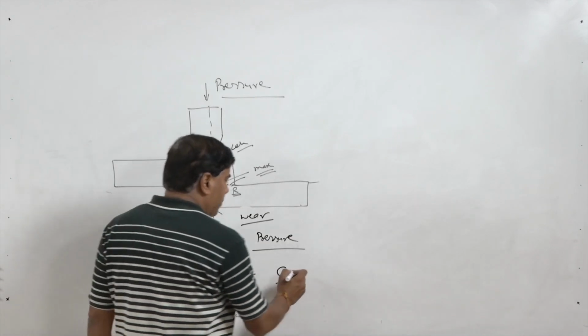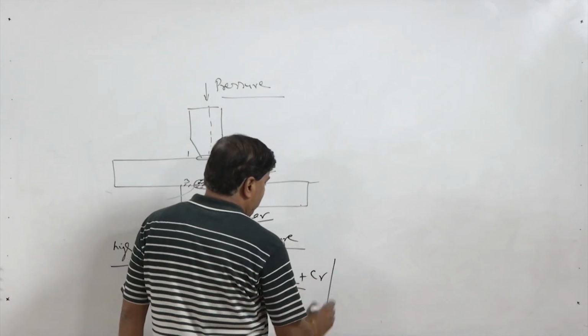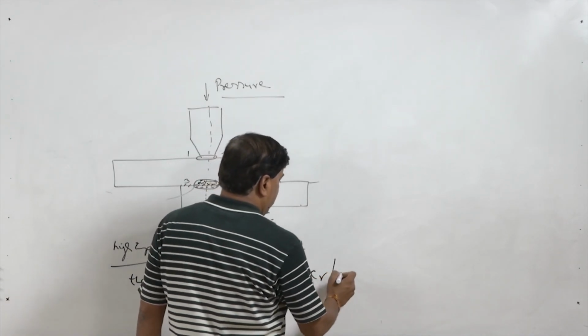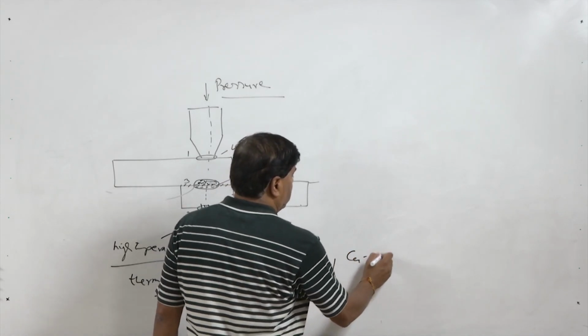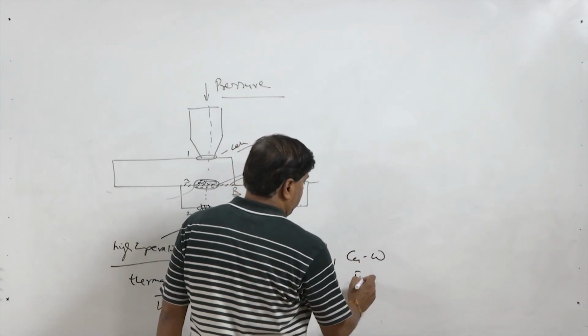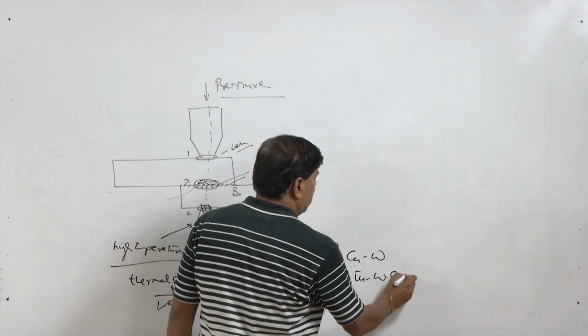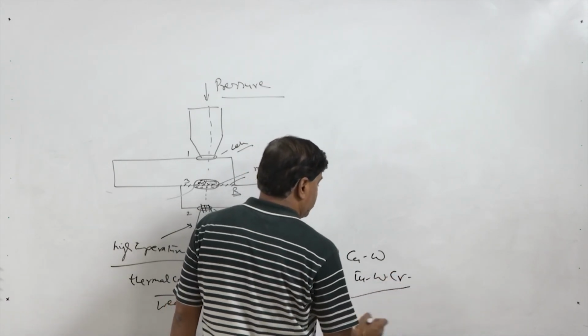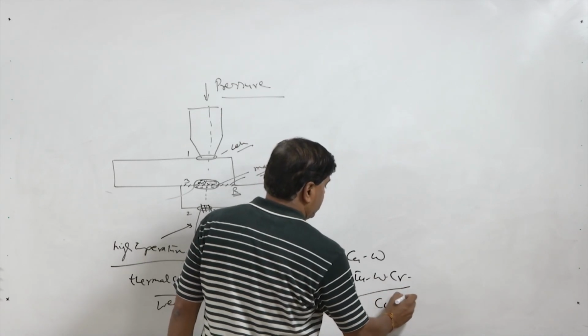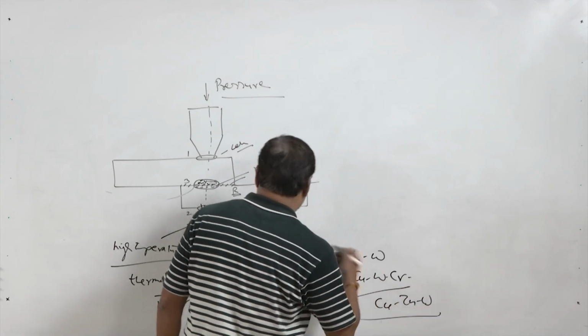So, copper is normally alloyed with various alloying elements like copper chromium and copper tungsten, sometimes zirconium also, so copper, zirconium, tungsten systems are also used.